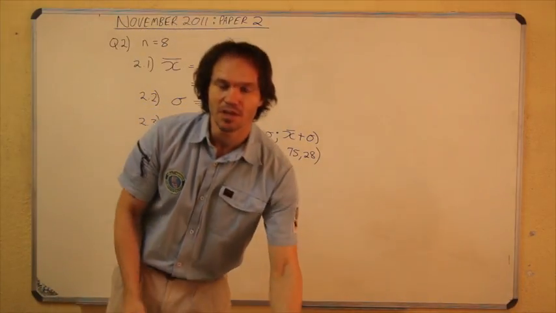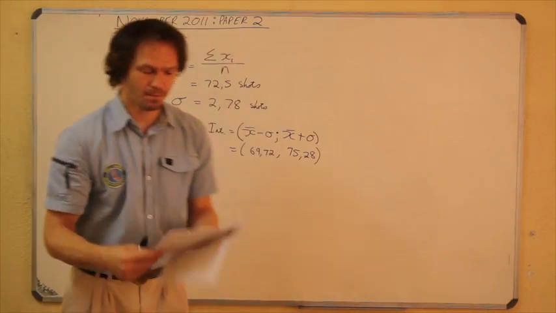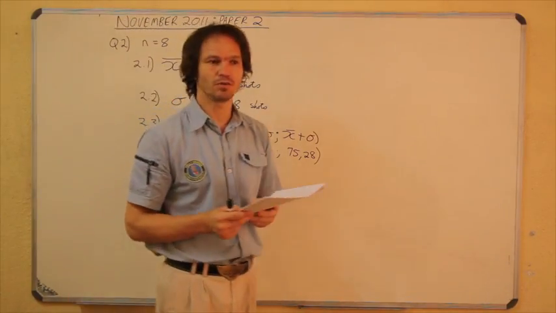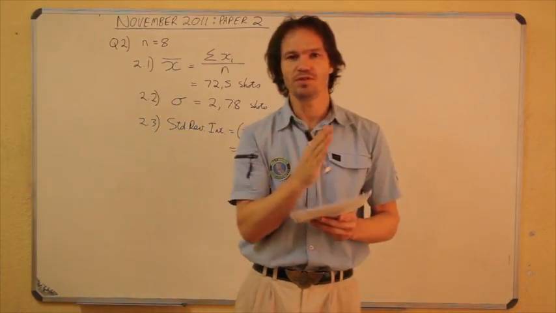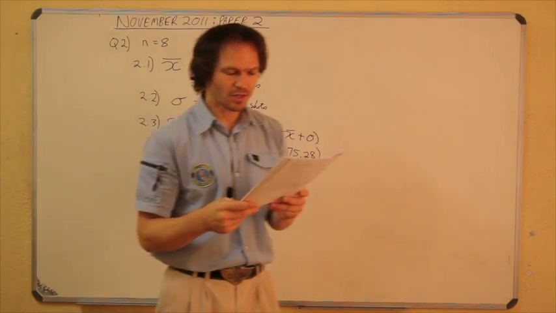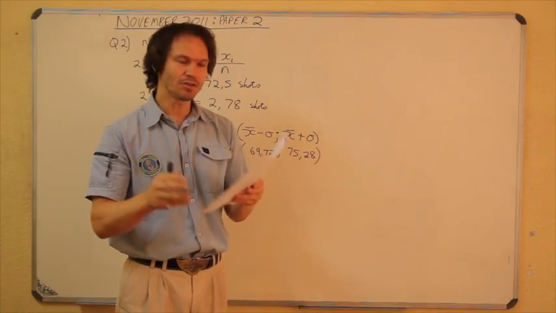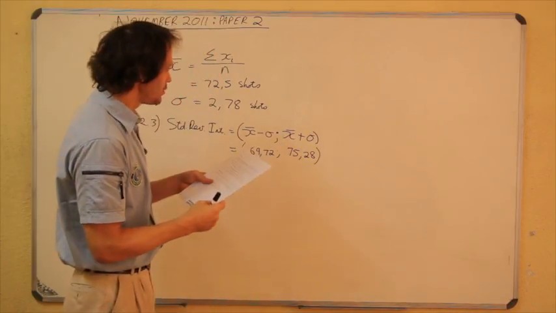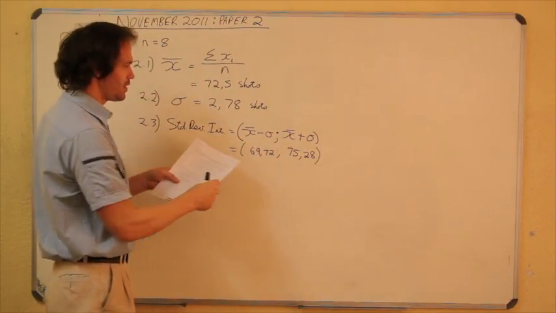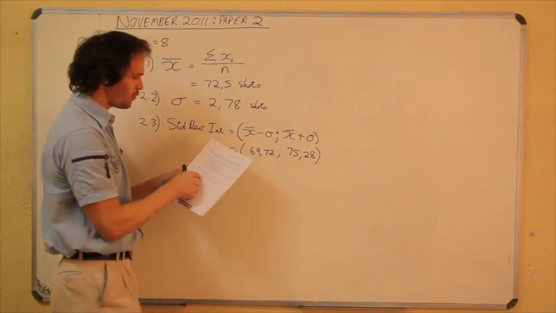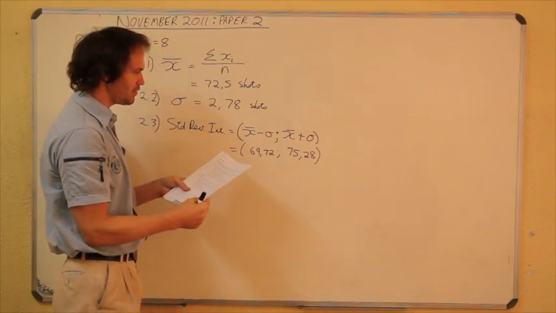That's one standard deviation interval, and usually they ask you how many values fall within one standard deviation. In this case they tricked you slightly. They said how many golfers' scores lie outside one standard deviation. So you've got to look at the data values you have, look at the interval and see which values fall outside of that interval.